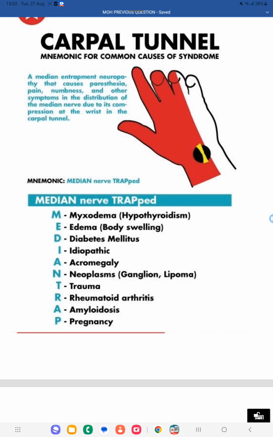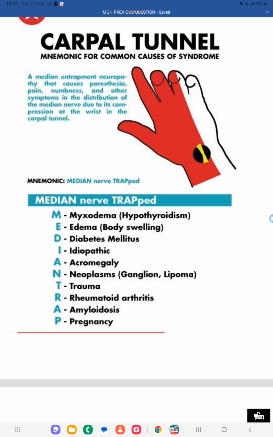Due to the edema you can get it, and D stands for diabetes mellitus. Those suffering with diabetes mellitus can get carpal tunnel syndrome. I stands for idiopathic and A stands for acromegaly. Acromegaly is increased growth hormone secretion, due to which you get overgrowth of the body.